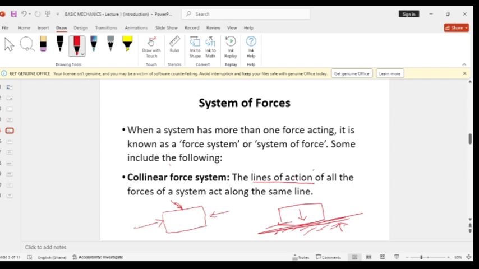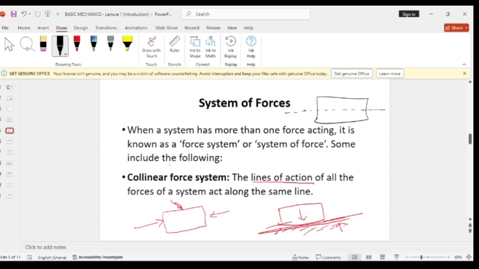This is what it means. Assuming that I have, let me change the color, this shape here, and then let me draw this imaginary line here. Let's assume that is the line of action, right?